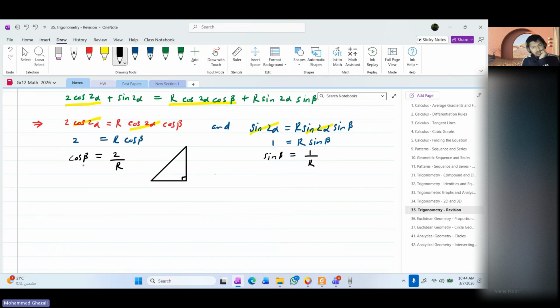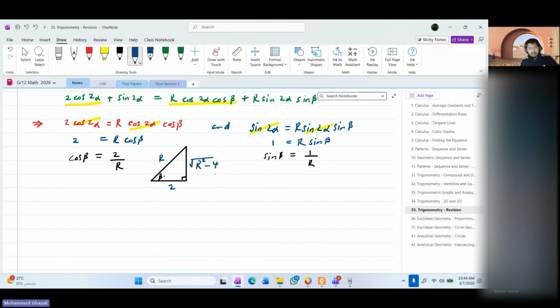If you draw a triangle and put beta here, cos beta is 2 over r. This is 2, this is r, and this is the square root of r squared minus 4, because the opposite is the hypotenuse squared minus the adjacent squared.